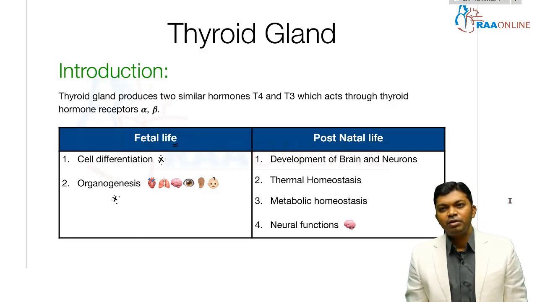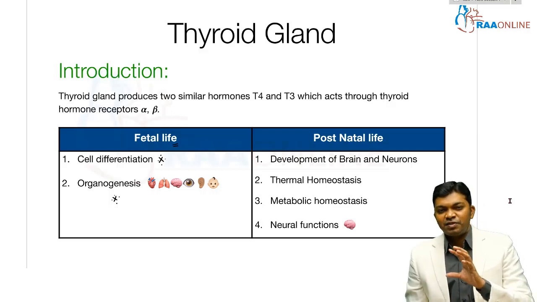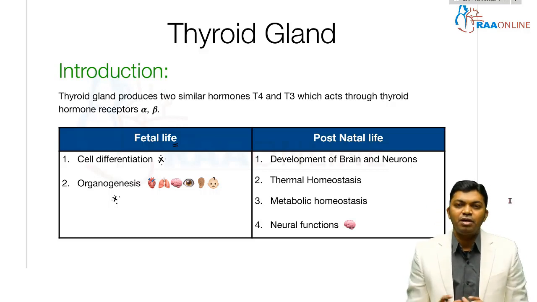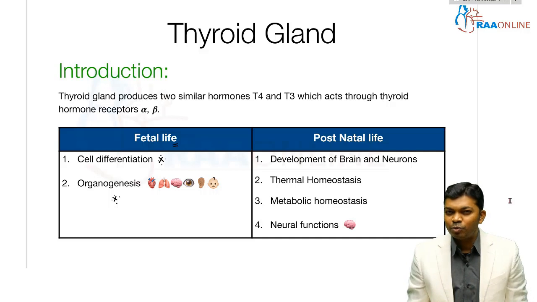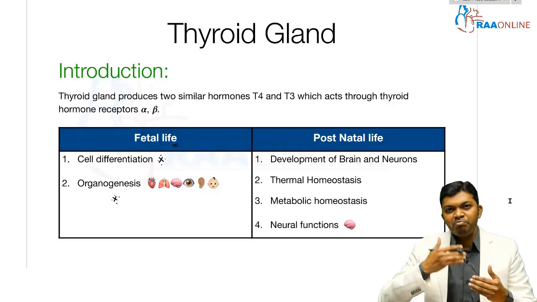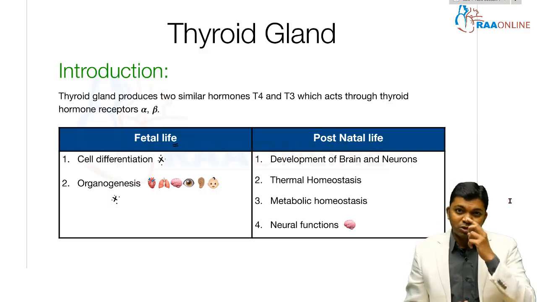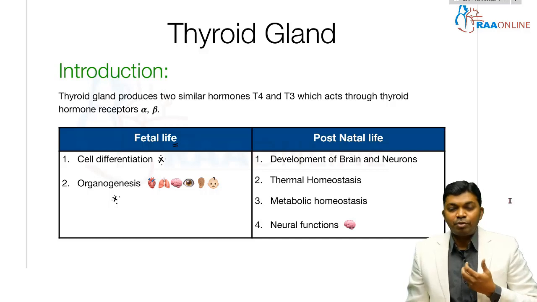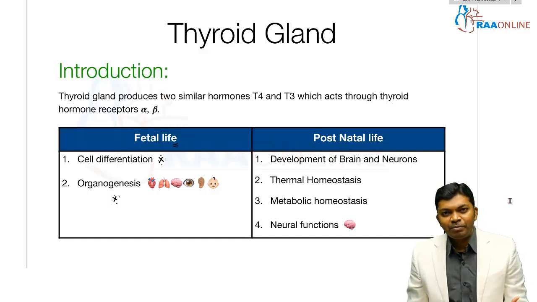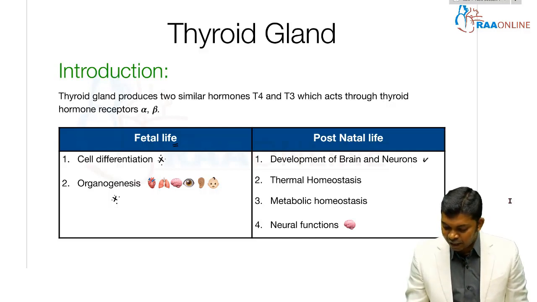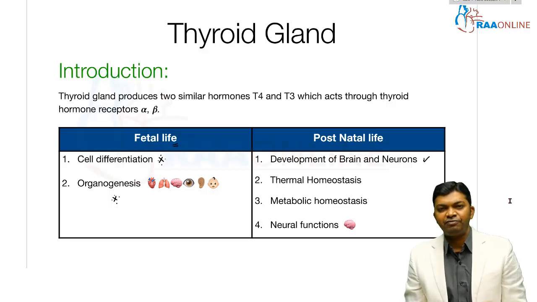And please remember, it is not just the cerebral function, it is not just the brain parenchymal functions which are influenced by thyroid hormones, it is also the mental aspects of brain, right? The psychic aspect of brain. So thyroid hormones are critical in promoting neural development as well as mental development, alright? That's the very first action of thyroid hormones in postnatal life.